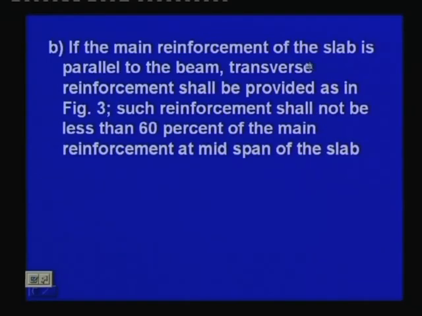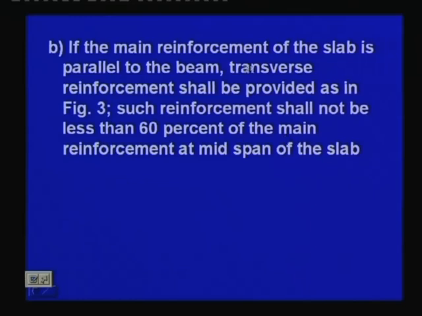If the main reinforcement of the slab is parallel to the beam, transverse reinforcement shall be provided as in figure 3 of IS 456, which I shall show you. Such reinforcement shall not be less than 60% of the main reinforcement at mid-span of the slab.